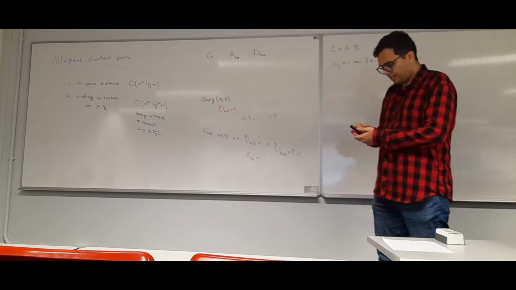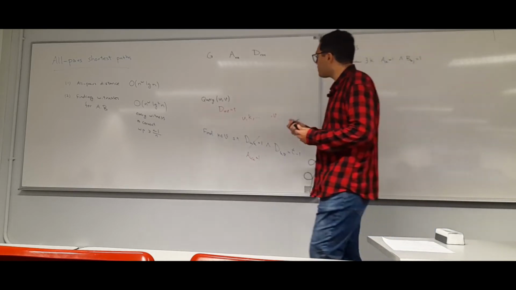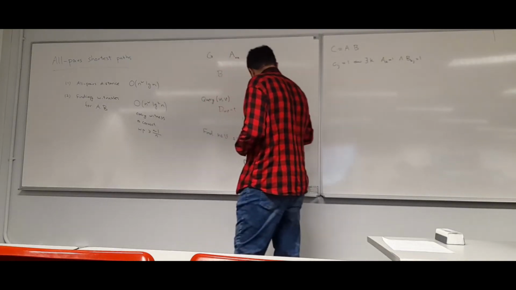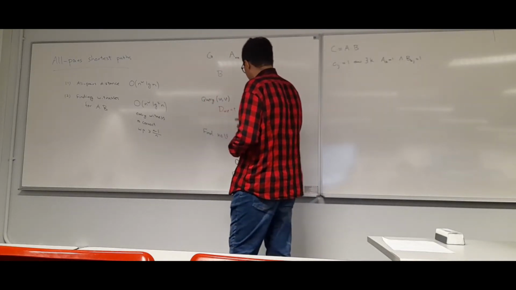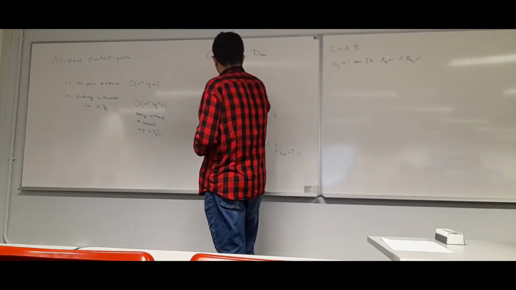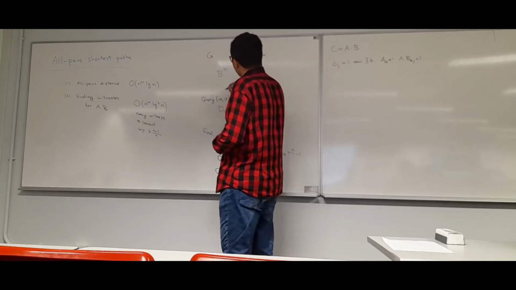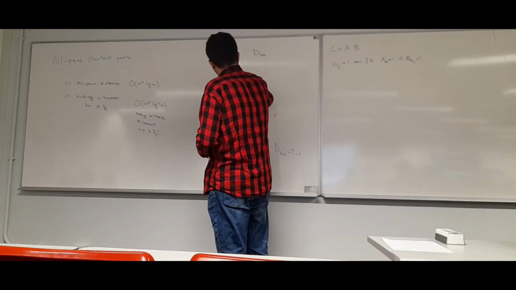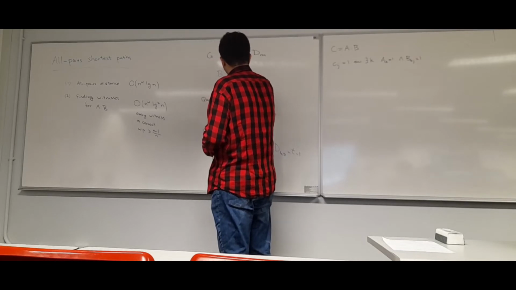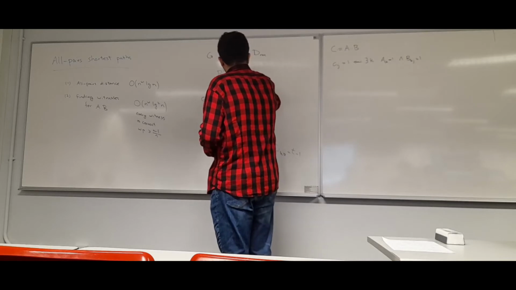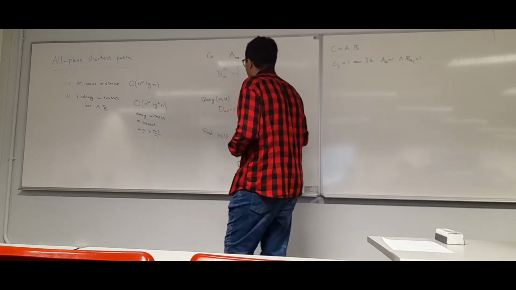So I can define my matrix B, and let's say that this matrix B is parameterized by this distance. So B_t is also an n by n matrix. And I say that the entry at position UV, or ij, of this matrix is just going to be kind of like an indicator variable.